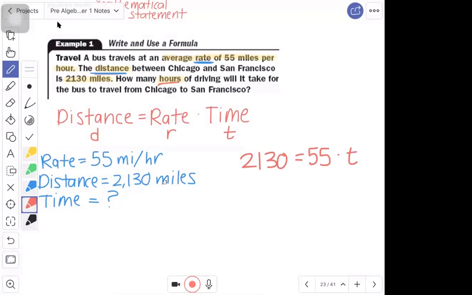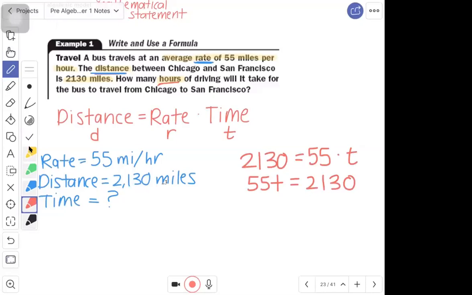And now we're just going to solve for t. So like Mr. King likes to do a little flipperoo, we're going to flip our equation. So our 55t is on our left side, equaling 2,130 on our right. To be consistent, we have our variable on the left, what we're solving for.